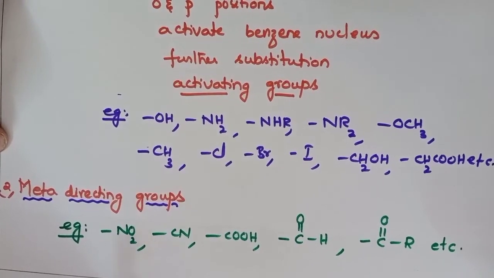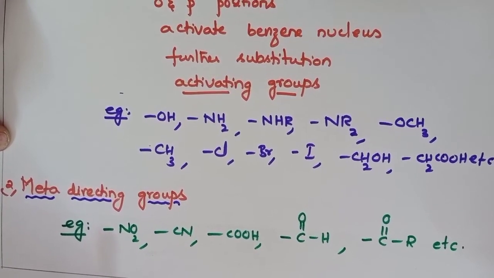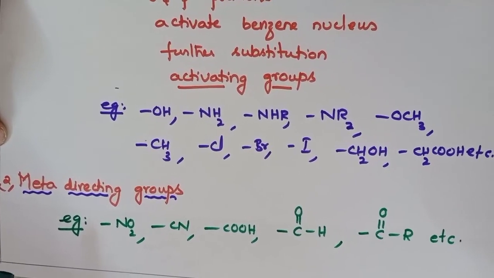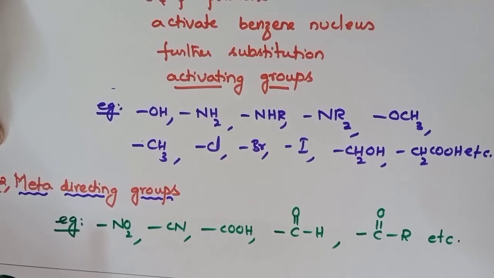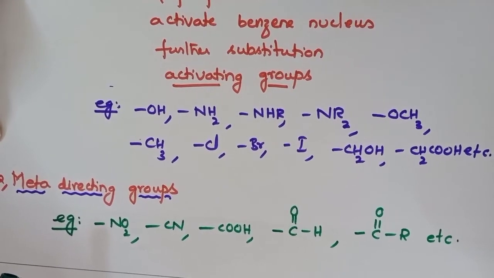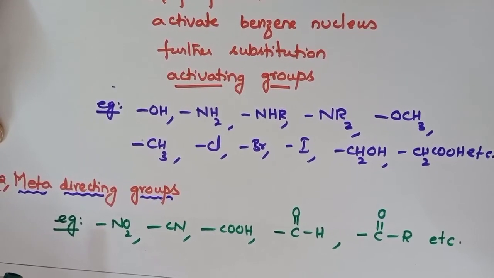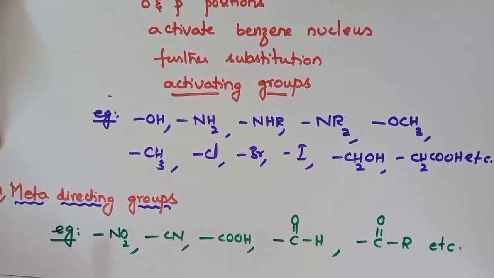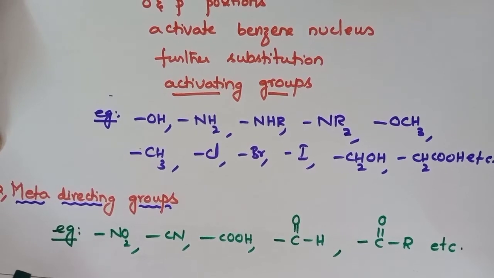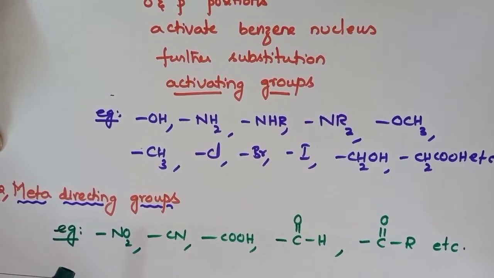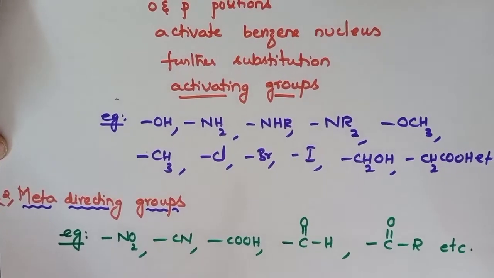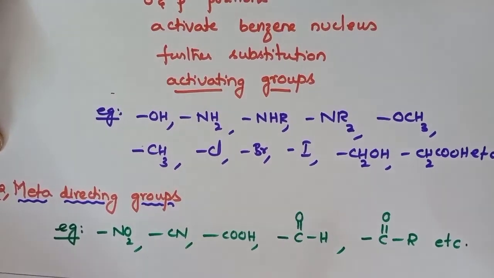Second type is meta-directing groups, students. Okay, meta-directing groups. The groups which direct the newly entering group to meta position are called meta-directing groups. Okay, so OP directing groups, we have seen, activate the benzene nucleus, but here the meta-directing groups deactivate the benzene ring, and OP groups facilitate further substitution.